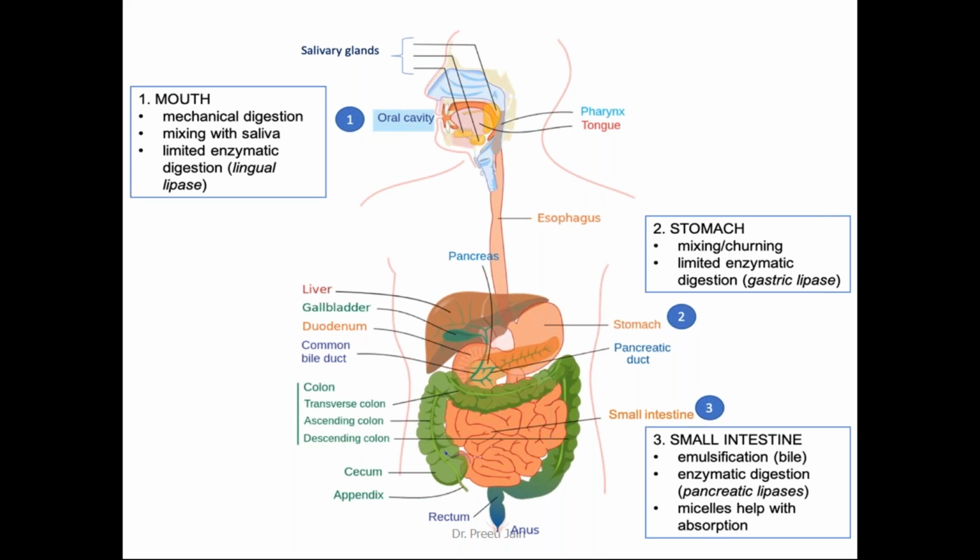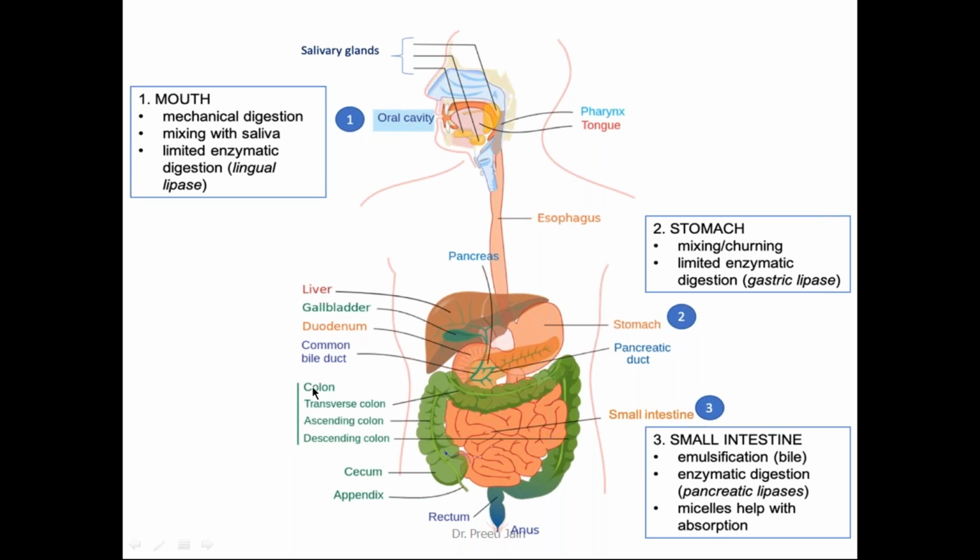Limited enzymatic activity occurs at the mouth level. In the stomach, again, it contributes to mechanical digestion by mixing and churning action, and limited digestion occurs, because until and unless it is acted upon by the bile salts and emulsified, the surface area for digestion is not available for the fat particles.